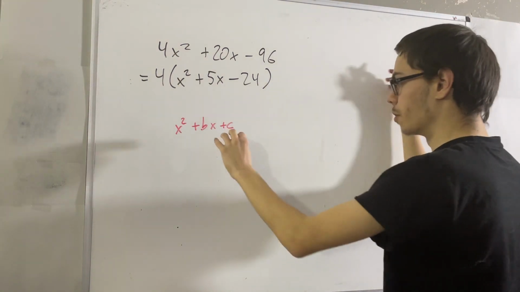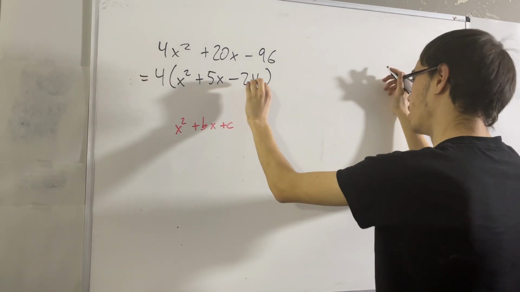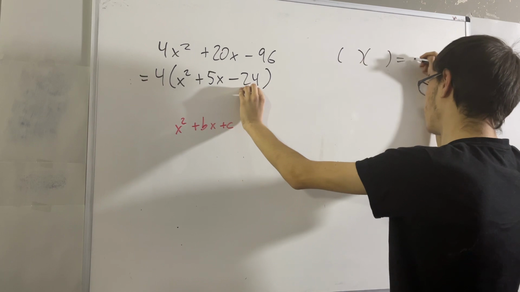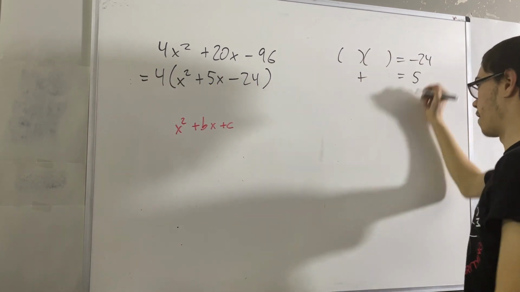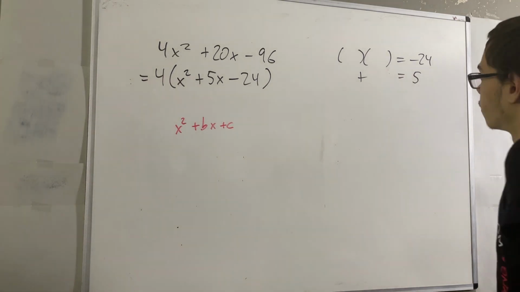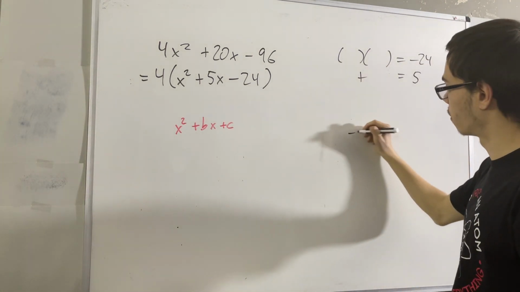Now, if you recall, to factor this, we think of 2 numbers that multiply to make negative 24 and at the same time add to make positive 5, so we're thinking of factors of negative 24.